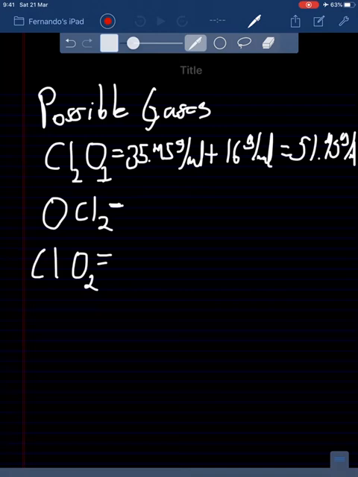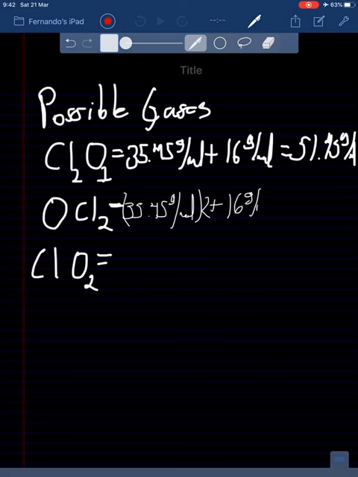I have 35.45 grams over mole times 2, because I have 2 chlorines, plus 16 grams over mole. And this is going to give me 86.9 grams over mole, or close to that.